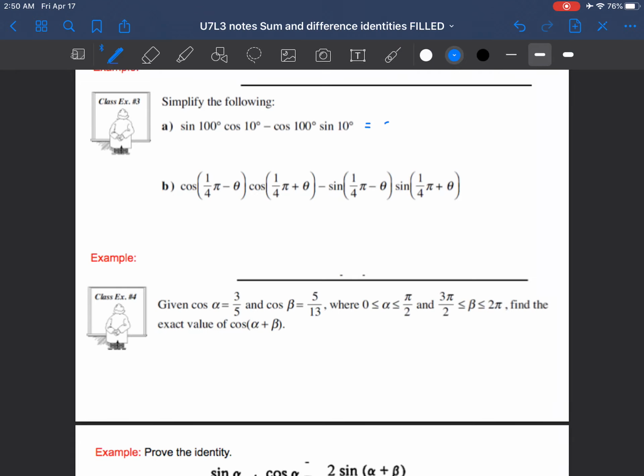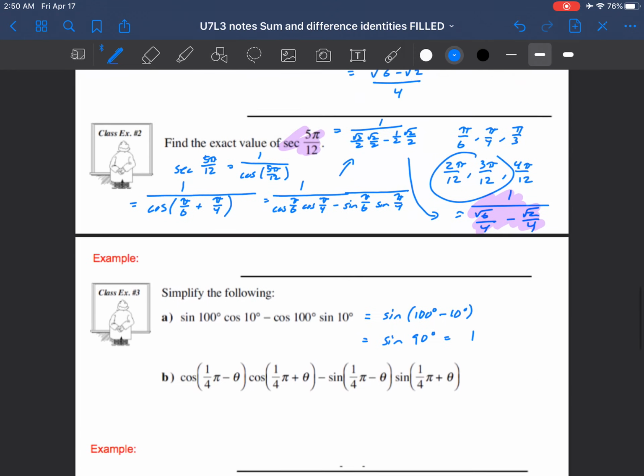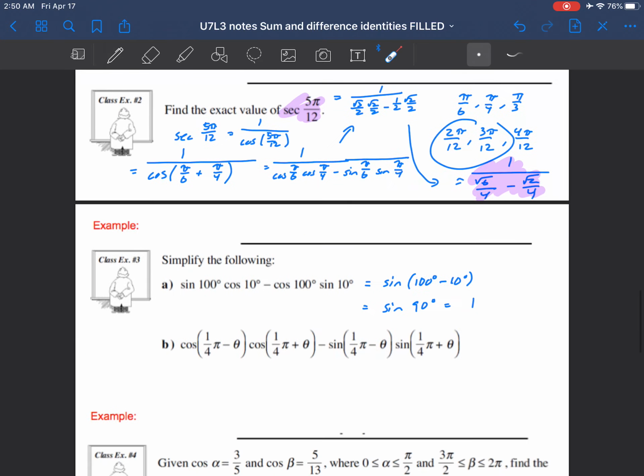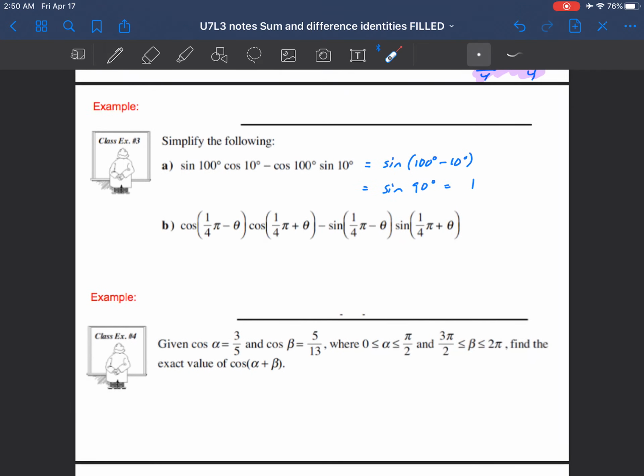So this is really just the sine of 100 degrees minus 10 degrees, which is the sine of 90, which is 1. Okay? If you remember sine of a difference, sine of the first, cosine of the second, minus cosine of the first, sine of the second. And that, I believe, is what we have here.